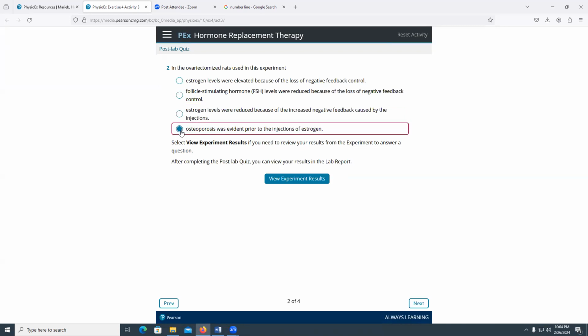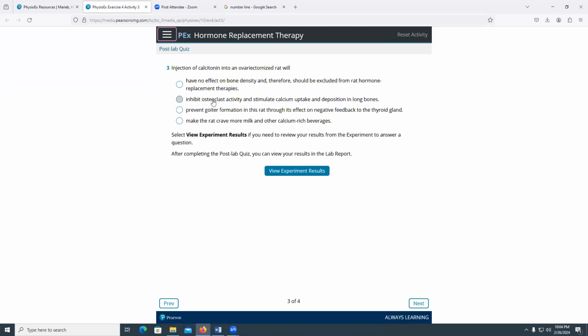It's not true. Osteoporosis was evident prior to the injections of the estrogen. That's true because we remove the ovaries, they are no longer able to release estrogen, and that is detrimental to the overall bone mass. Injections of calcitonin into the ovariectomized rat will inhibit osteoclast activity and stimulate calcium uptake and the buildup of long bones.